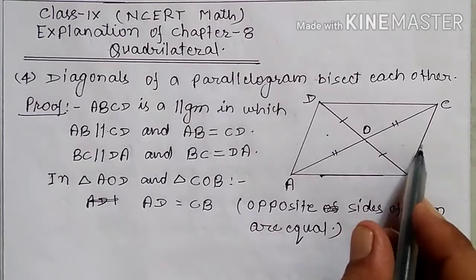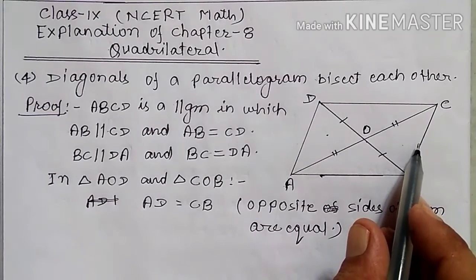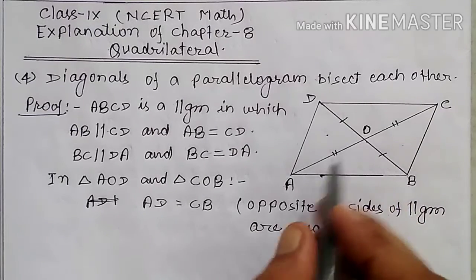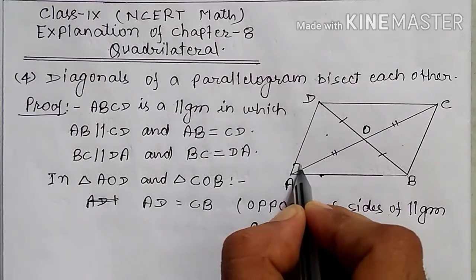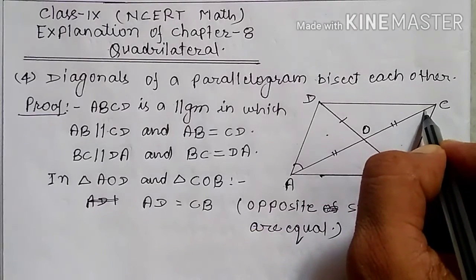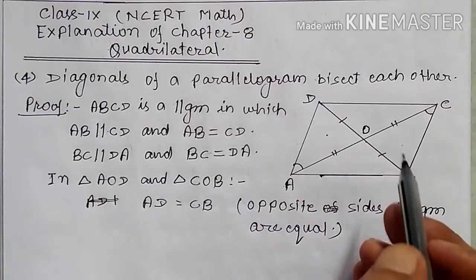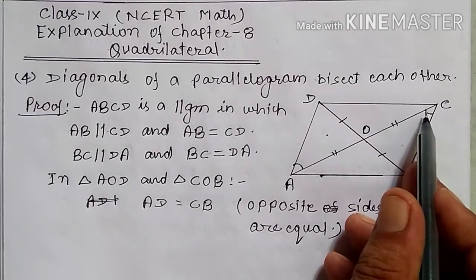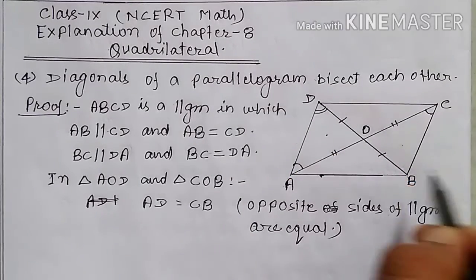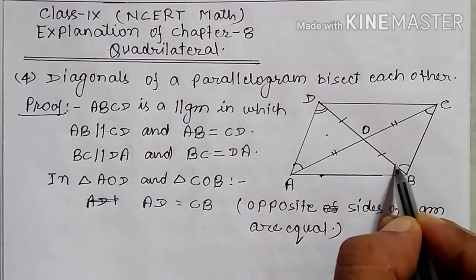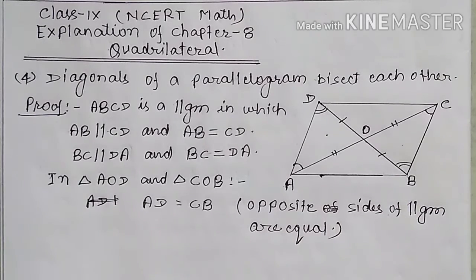This one and this one are the opposite sides of the parallelogram, and in this triangle this angle is equal to this angle. Why is this angle equal to this angle? Because it is the alternate interior angle, and this angle is equal to this angle. Both are alternate interior angles.